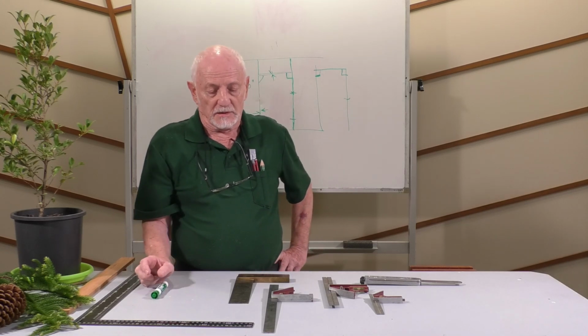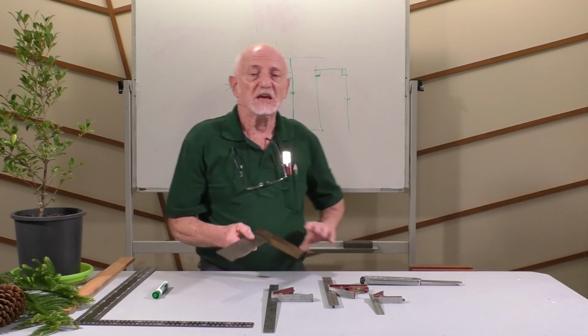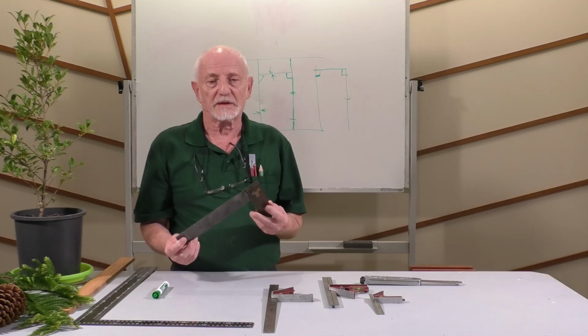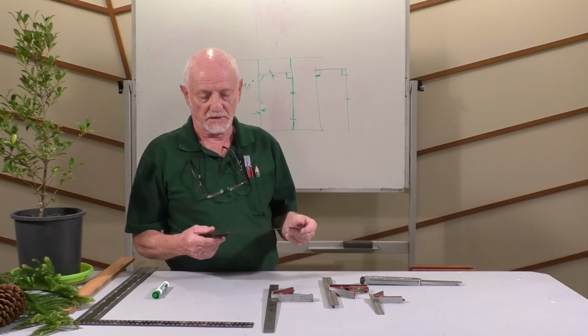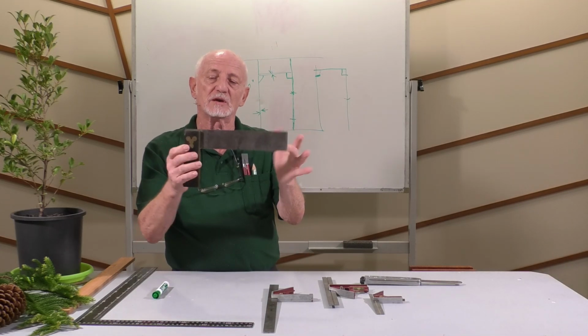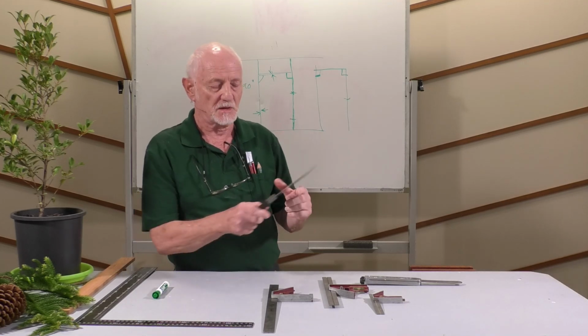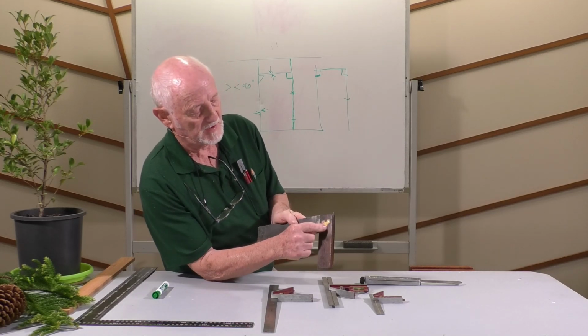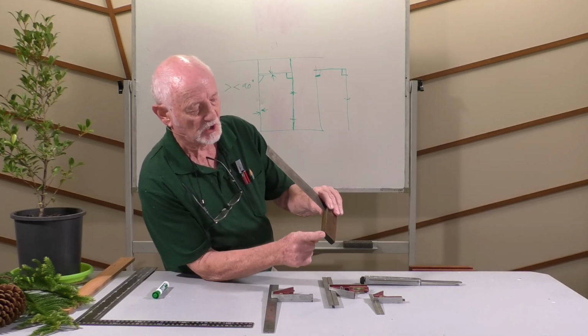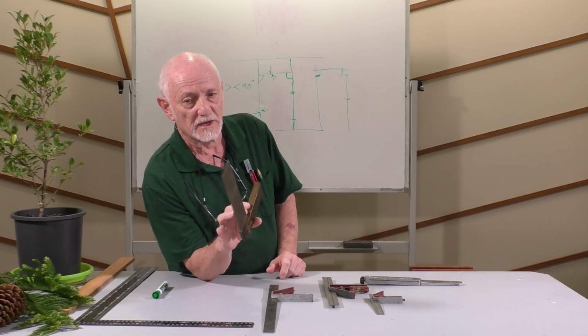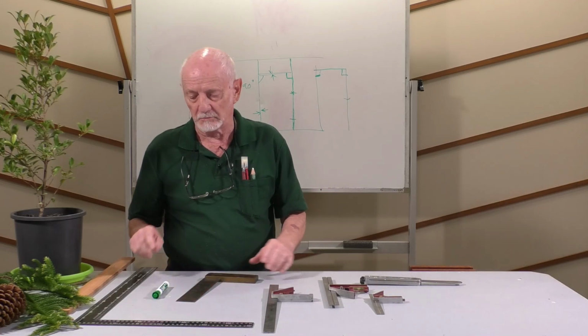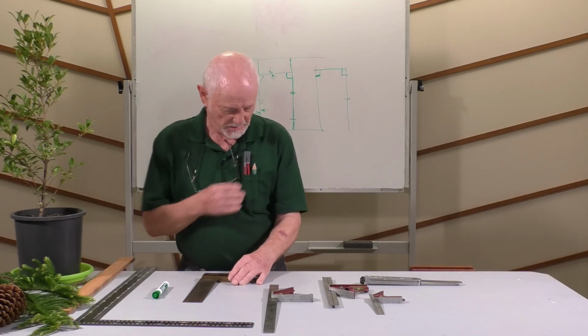Now, the old standard square for a cabinet maker of, say, my era was just the wooden square with a steel blade, and they used to put fancy brass in there and a brass lining. That's a fixed square, and it's used for just squaring things up.